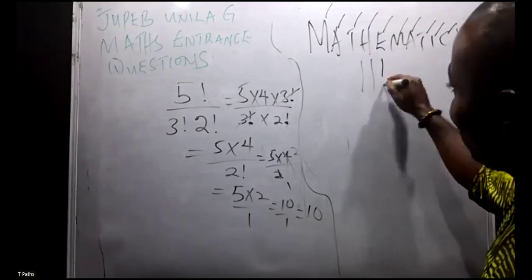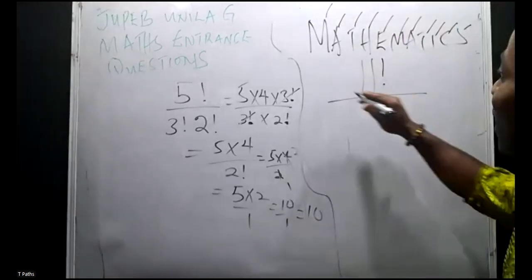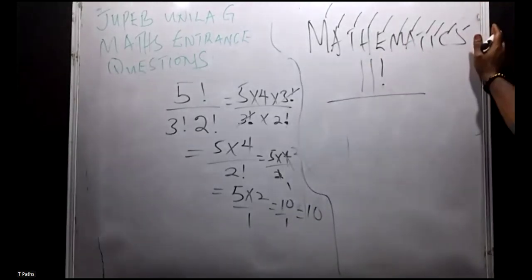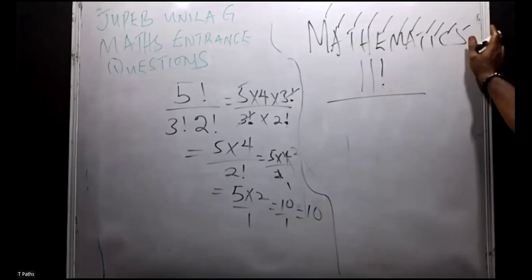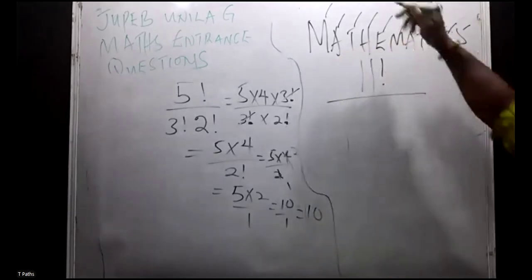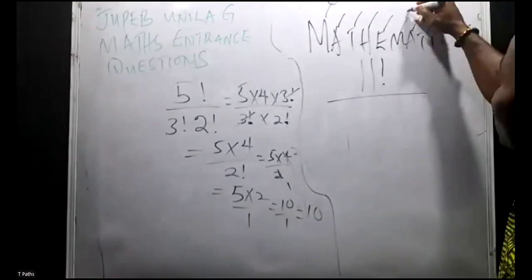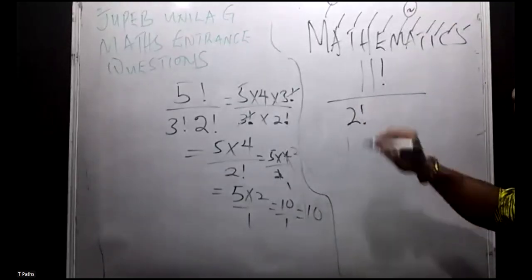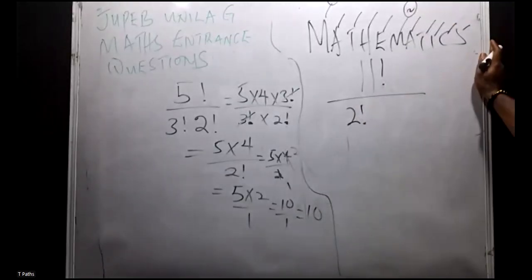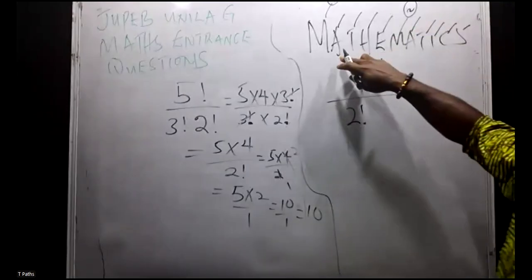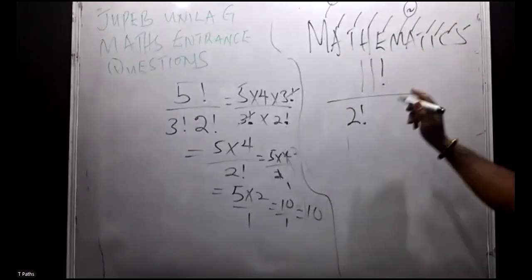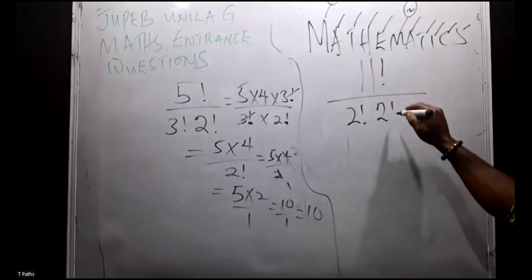So that's 11 factorial all over... The letter M, how many times does it appear here? 1, 2. So that's 2 factorial. Then the letter A, how many times does it appear here? That's 2 also, 2 factorial.